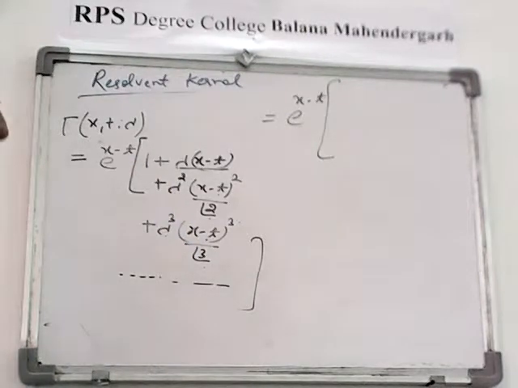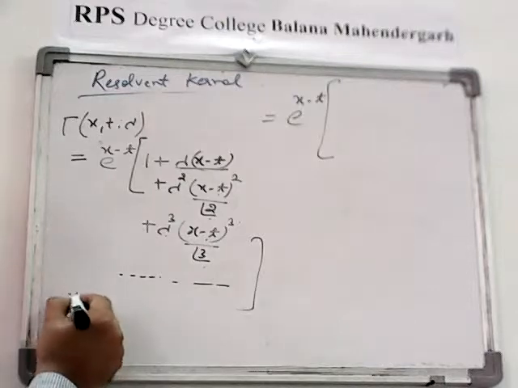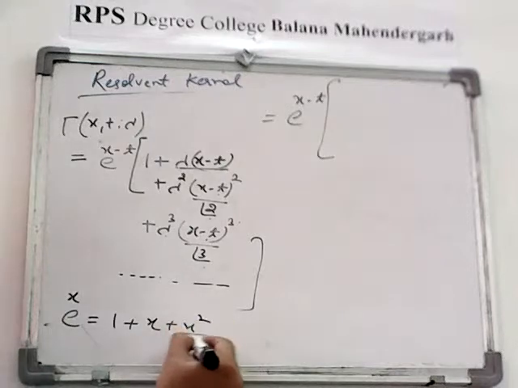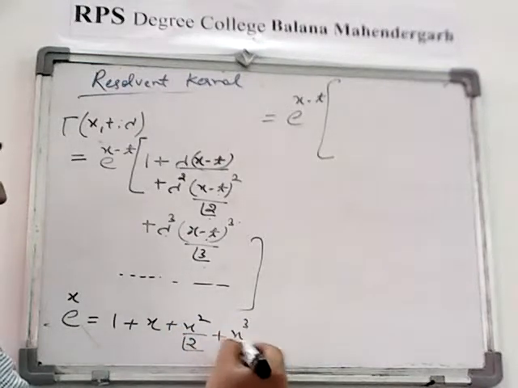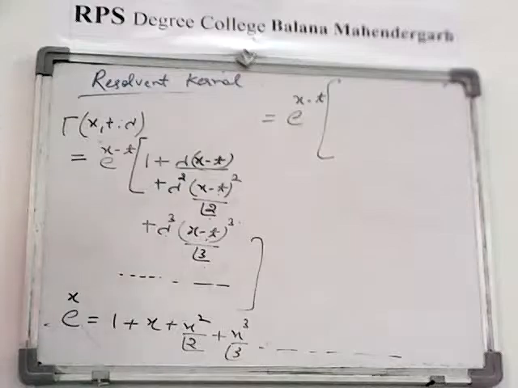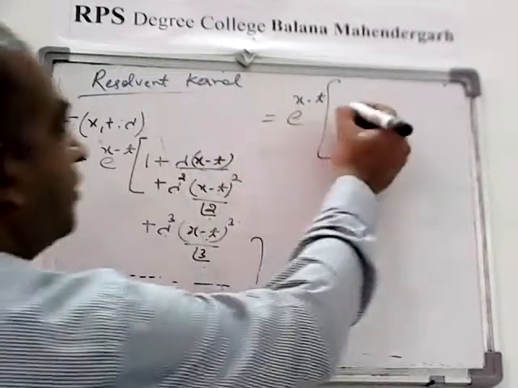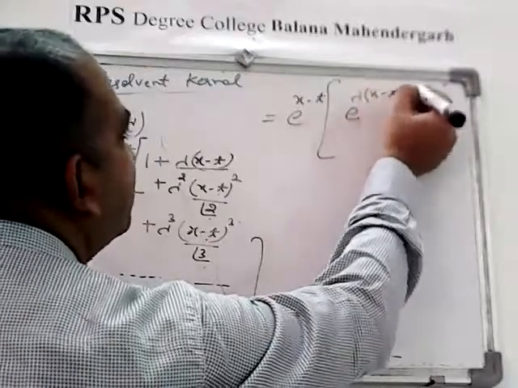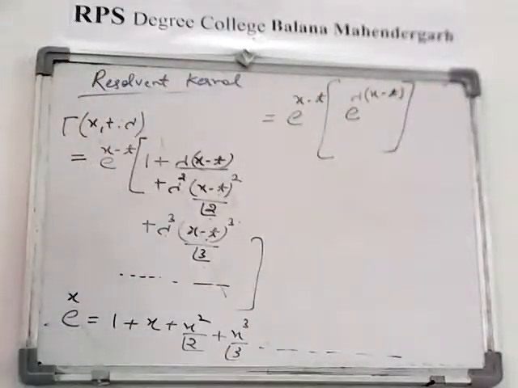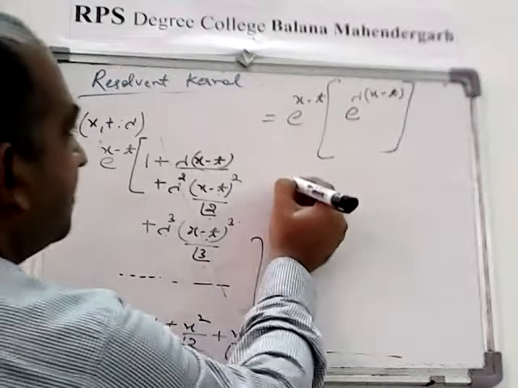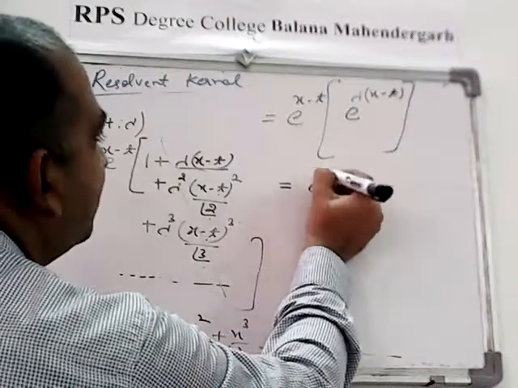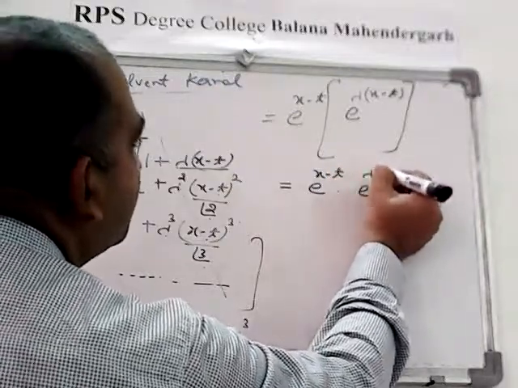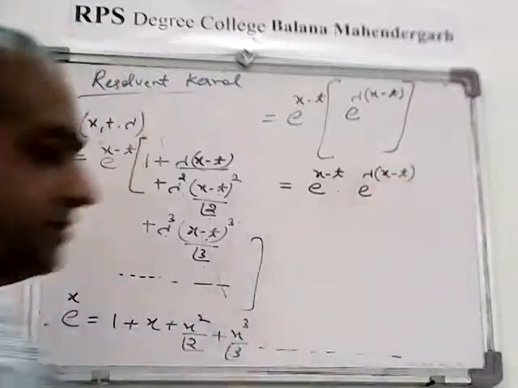So this is the expansion. You can recall the expansion of e raised to power x, that is 1 plus x plus x square by 2 factorial, x cube by 3 factorial, so on up to infinity. So this is the expansion of e raised to power lambda into (x minus t). So what we are getting, e raised to power x minus t into e raised to power lambda into (x minus t).